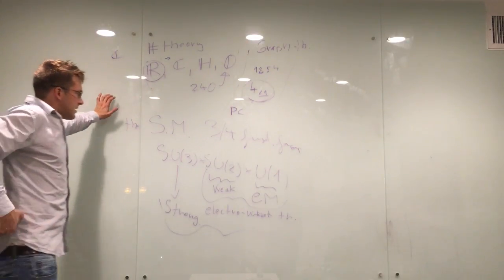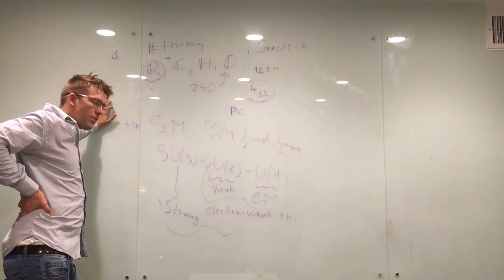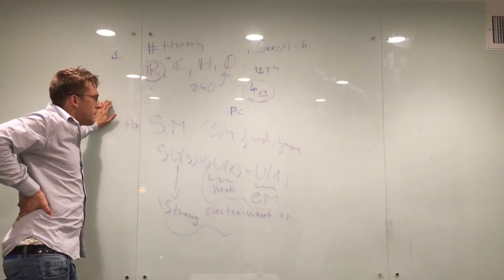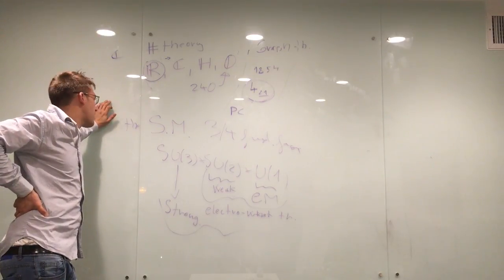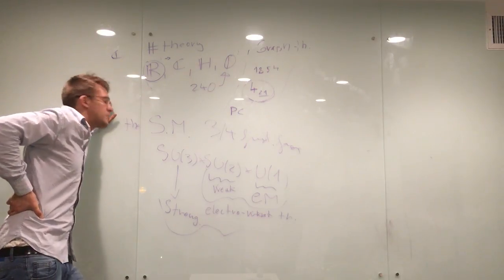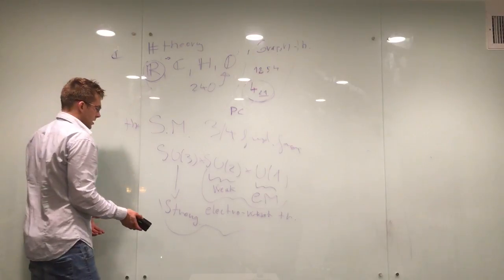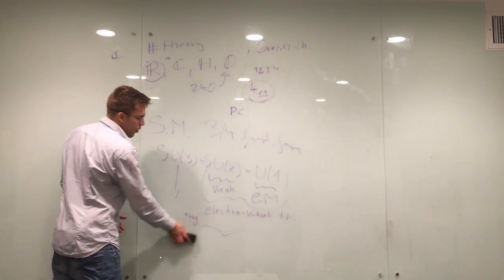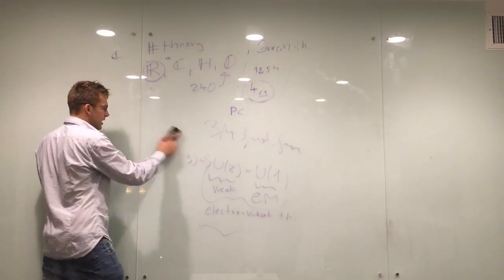Now the present day theorists look for a unified theory of everything. So we want to have gravity in our theory. We want to have a quantum description of gravity, and we want to have a theory that would probe and describe all the particles that we need.